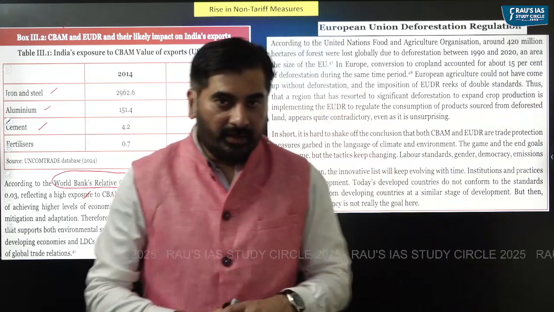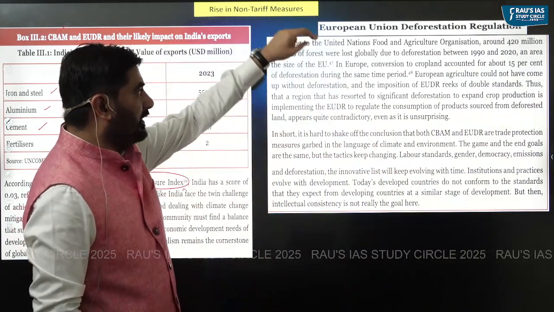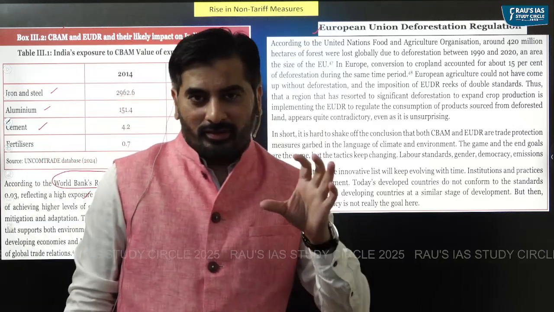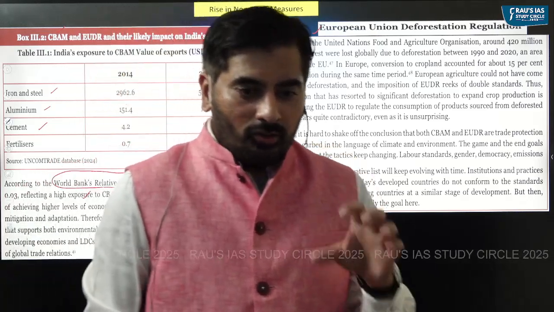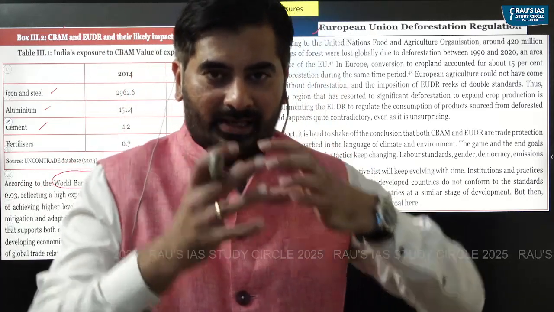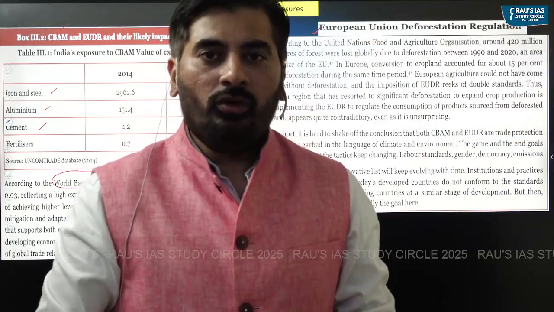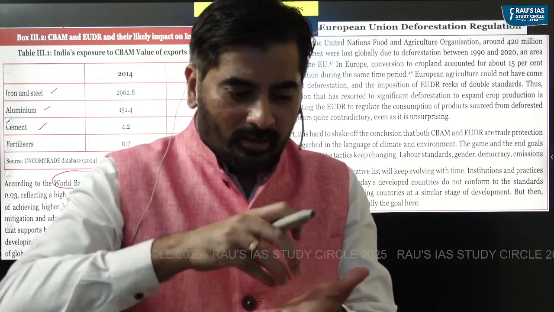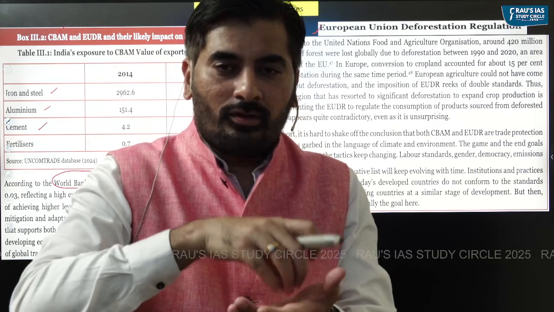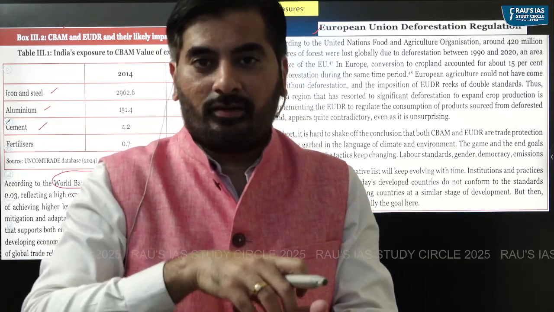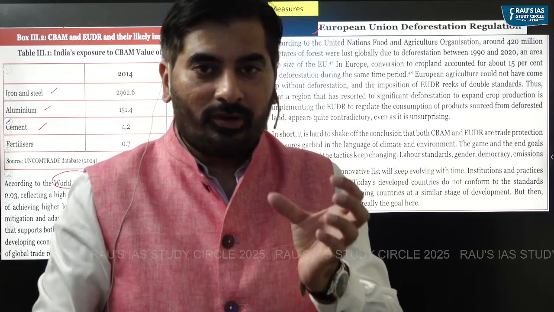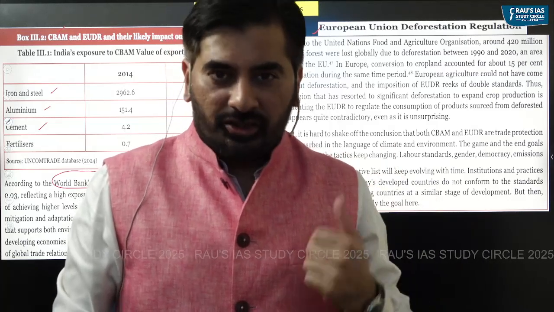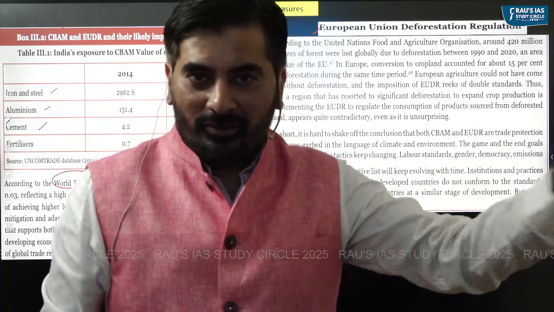The other problem is the EU has also come up with the European Union Deforestation Regulation. What is this regulation? The European Union has said that if any country is exporting a product to the EU, such a country has to provide a certificate that the product has been produced without clearing the forest, without undertaking deforestation. For example, let's say we are exporting furniture to the EU.